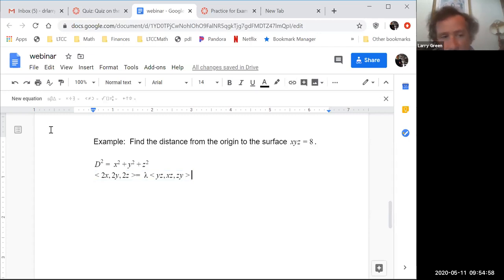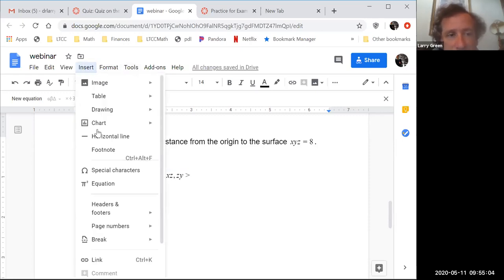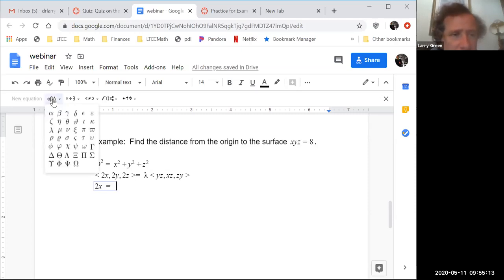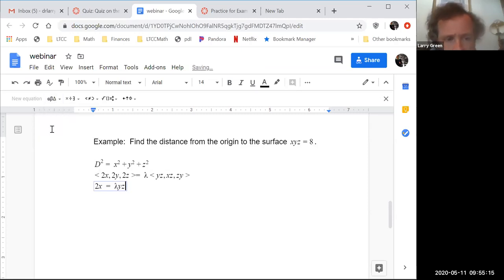Okay, I can take this and turn it into 3 equations. We could say 2x equals lambda yz. We can say 2y equals lambda xz.